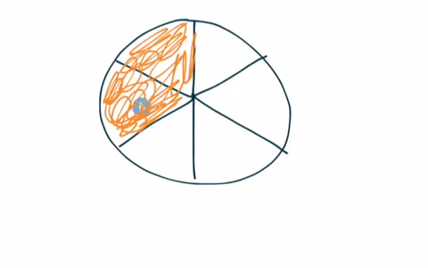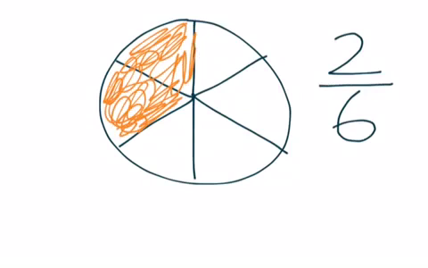Well, we have 1, 2 pieces left, which is our numerator, and now we need to know how many total pieces there were. So, how much of the pizza is left? Well, we know 2 pieces are left, but it's 2 pieces out of 1, 2, 3, 4, 5, 6 pieces. So how much of the pizza is left? 2/6. How much of the pizza have we eaten?